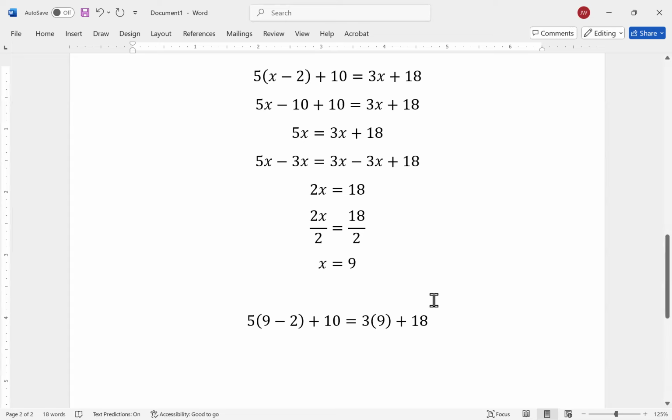That's going to be 5 times 7 plus 10, which is 45. 3 times 9 is 27, and 27 plus 18 is also 45. So plugging in 9 does, in fact, give me a true statement. So x equals 9 is the solution to this linear equation in one variable.